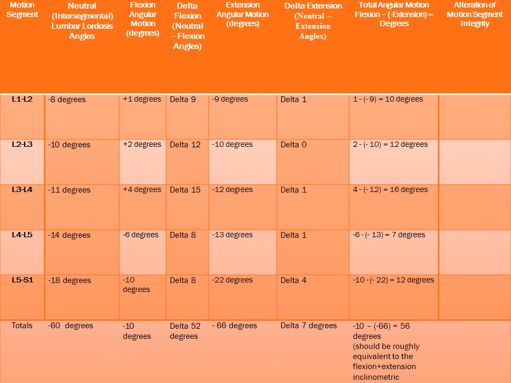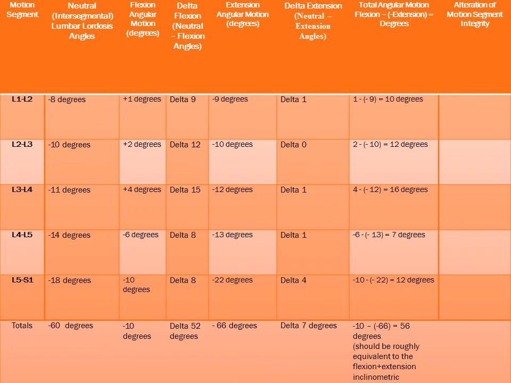you can use your intersegmental angles and correlate those to the global change in the lumbar lordosis angle, moving from the extreme of lumbar flexion to the extreme of lumbar extension.